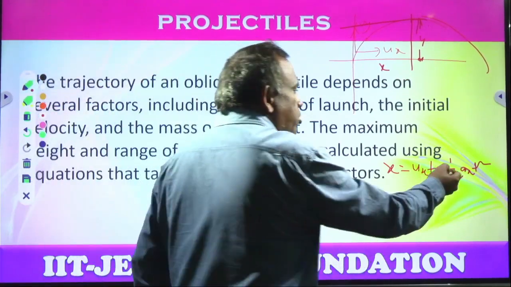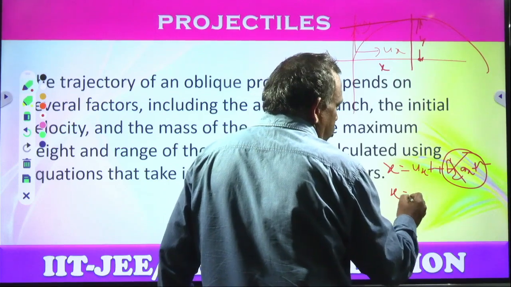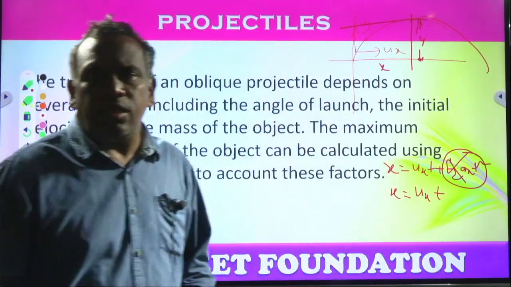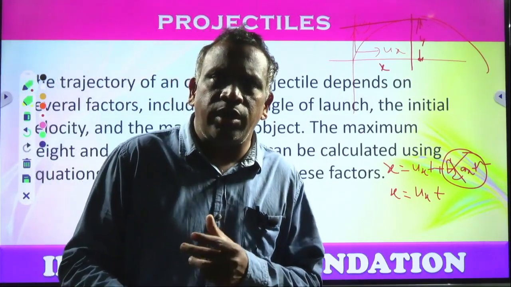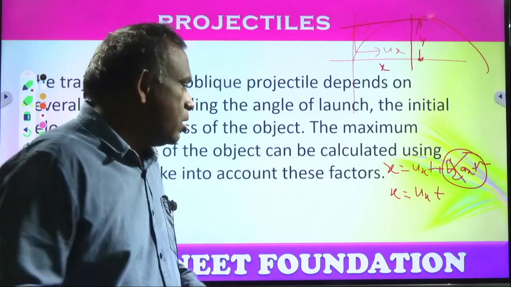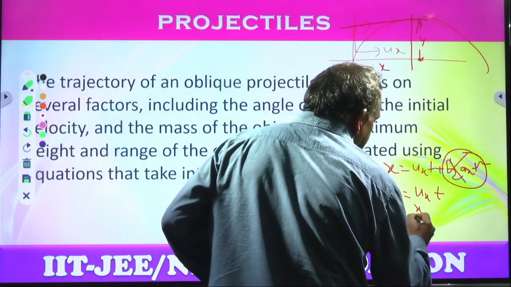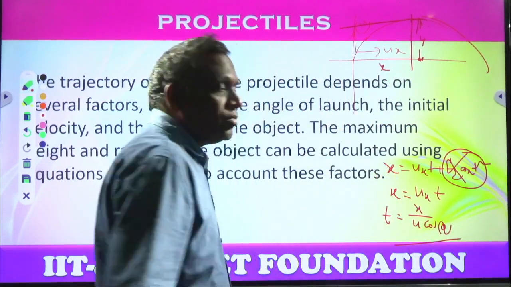But ax is 0, hence this term is neglected. So x is equal to ux t, where ux is the initial velocity component, u cos theta. So t is equal to x by u cos theta.